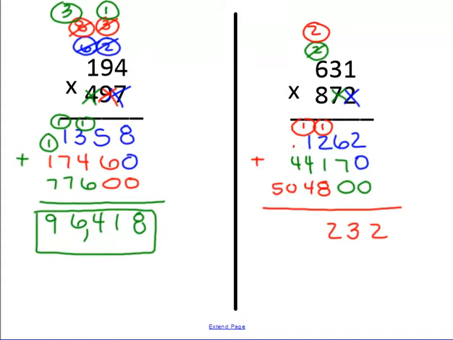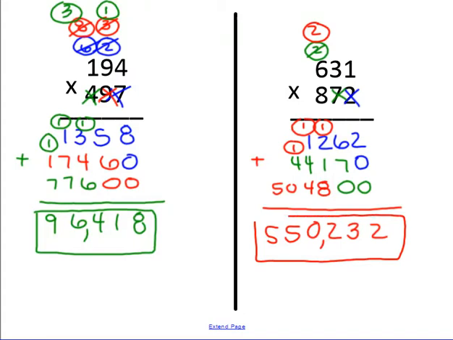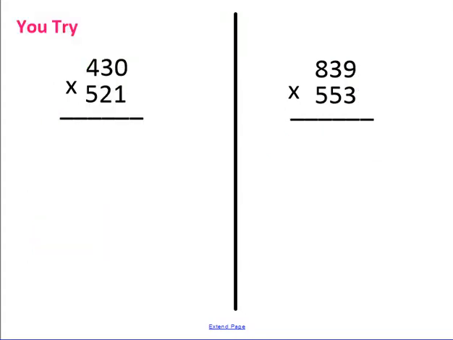Plus 1 is 10. So I have another 1 to carry. Put the 0 down here. Then we have 4 plus 0 is 4. Plus 1 is 5. And then I have another 5. And this number is even bigger. 550,232. That is big. All right, so you try these two on your own.